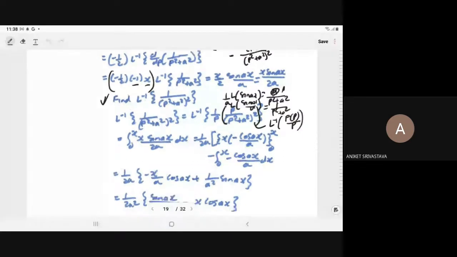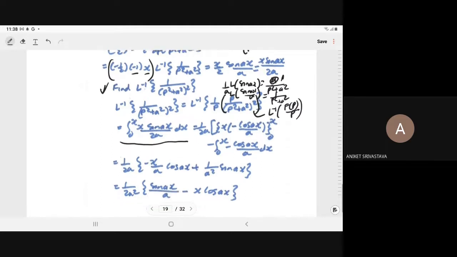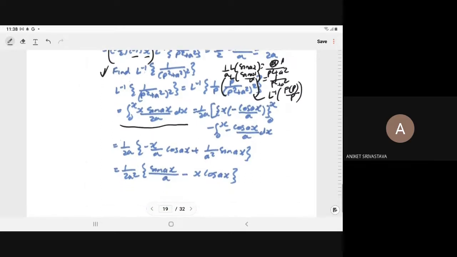So it will give you integral 0 to x of x into sin ax upon 2a. So on integration you will get the required result. Clear how to apply the formula?